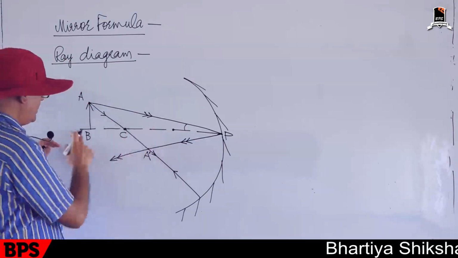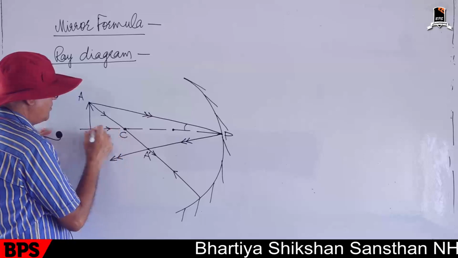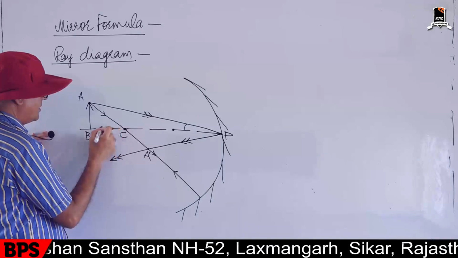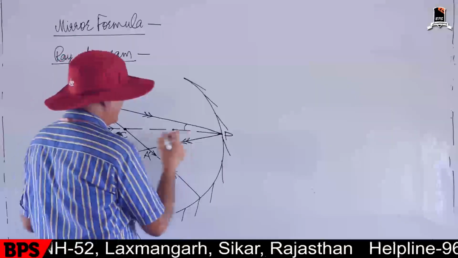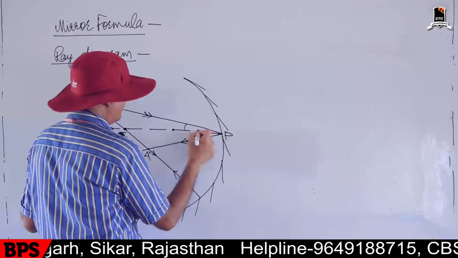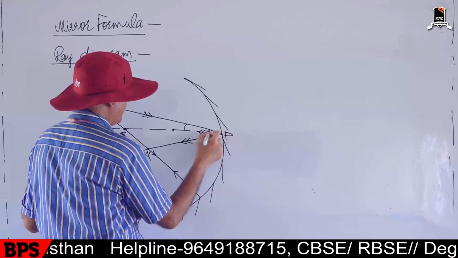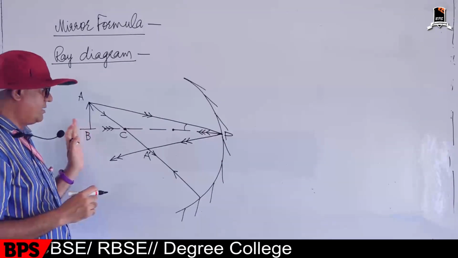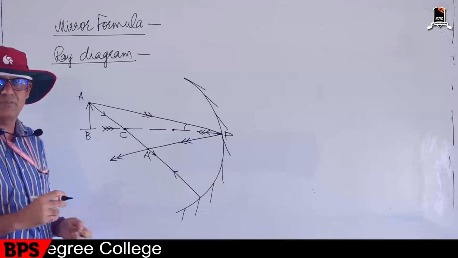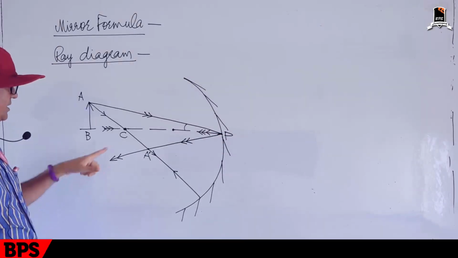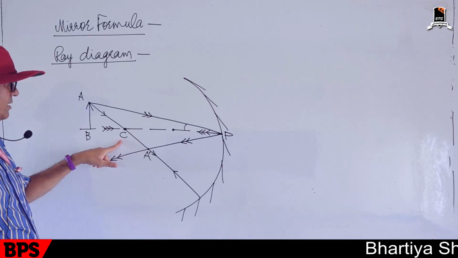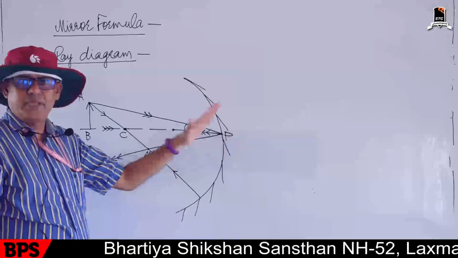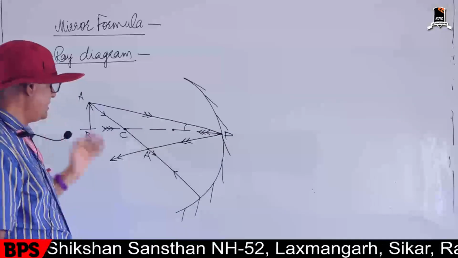Now, the ray which is going towards pole point from this B base will be reflected back again towards the center of curvature point. Why? Because this ray is again normal on the mirror also. Any ray which is passing through center of curvature point is always normal on the mirror. So it will return in the same line.